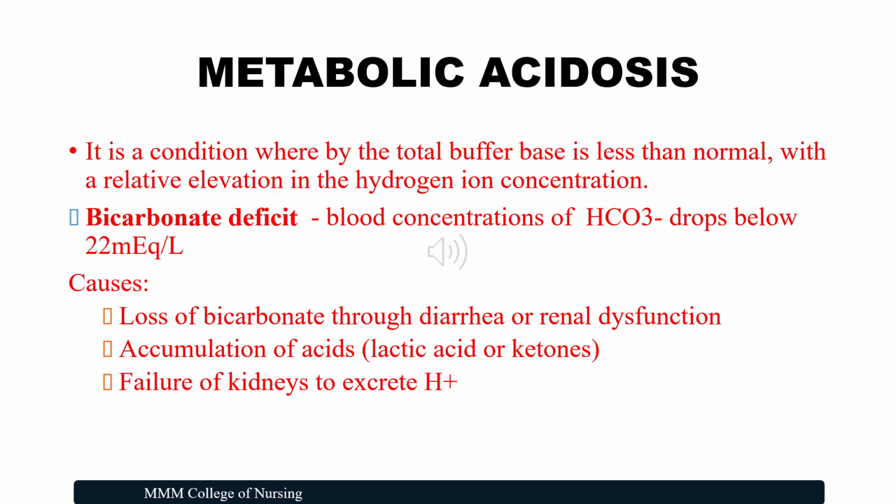The causes which can lead to a decrease in bicarbonate level are loss of bicarbonate through diarrhea or renal dysfunction, or accumulation of acids like lactic acid or ketones, and when the kidneys fail to excrete the hydrogen ion, it leads to a decrease in bicarbonate level and elevation of the hydrogen ion concentration.